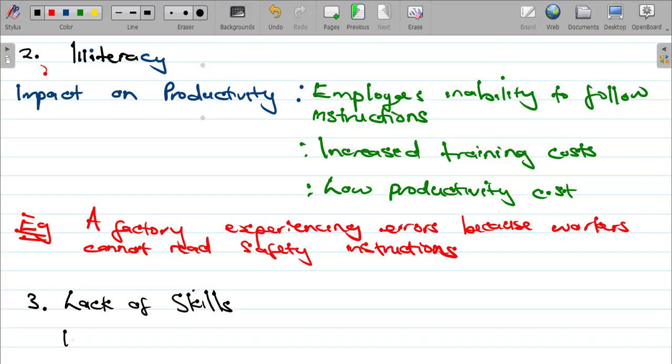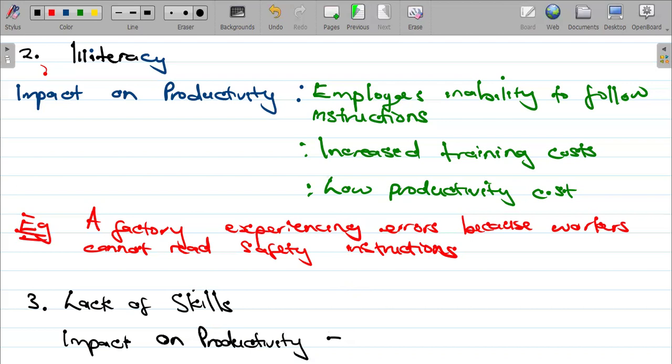So let's discuss the impact of lack of skills on productivity. One, you'll find that if workers or employees do not have skills to produce, it means that there will be reduced efficiency.